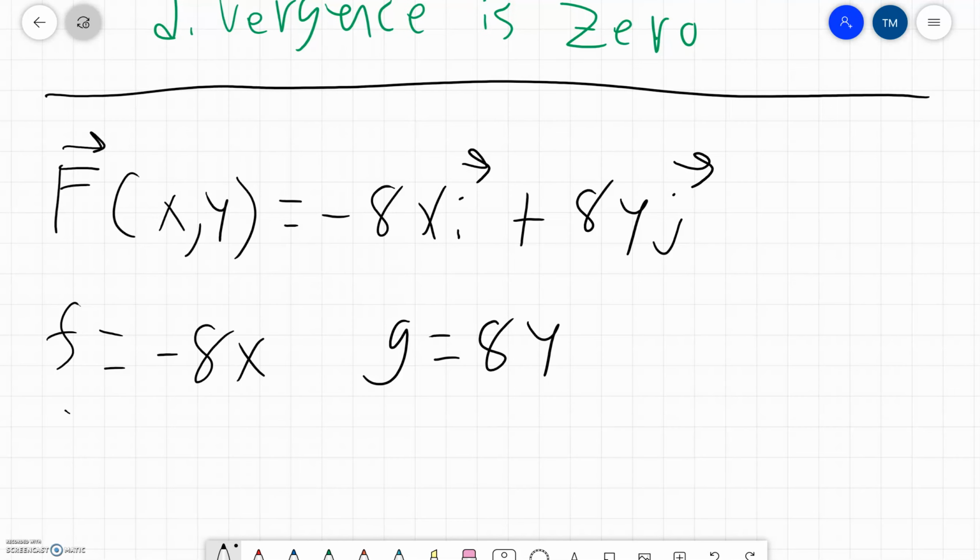Now, the partial derivative with respect to x is going to be just -8, and the partial derivative with respect to y here is going to be 8.